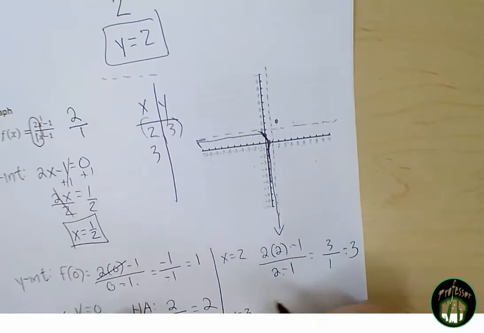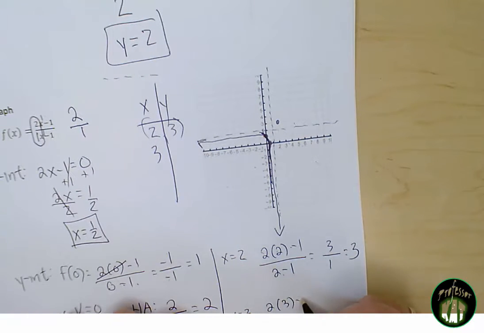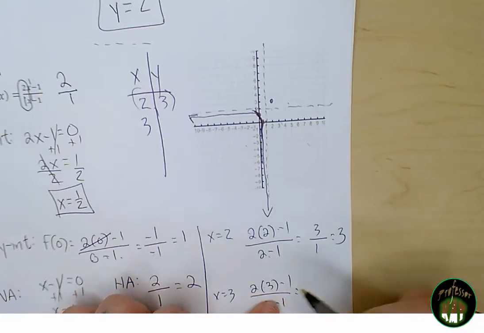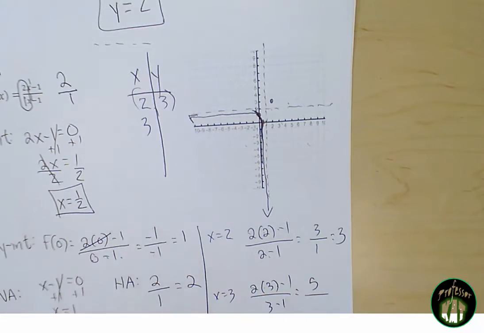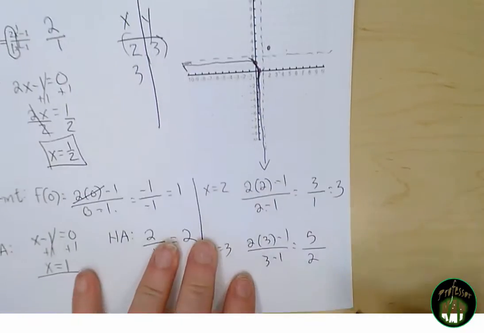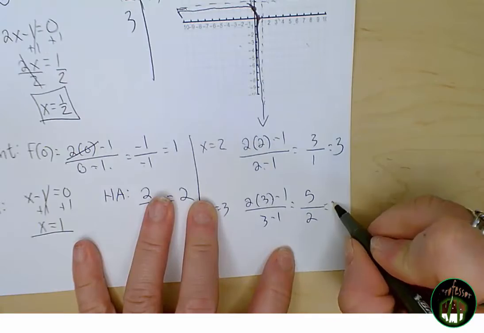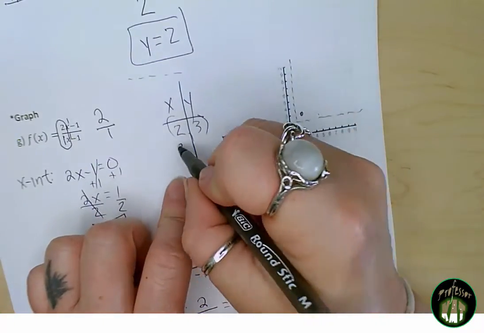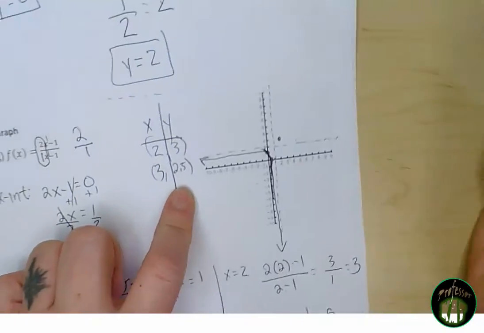Let's also plug in 3. If I plug 3 into my equation and simplify, let's see what we get. 2 times 3 is a 6. 6 minus 1 is a 5. And in the denominator, 3 minus 1 is a 2, which gives us 5 halves, which is 2.5. So when we plug in 3 for x, we get 2.5 for y.